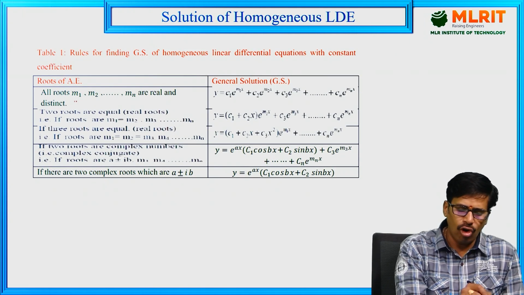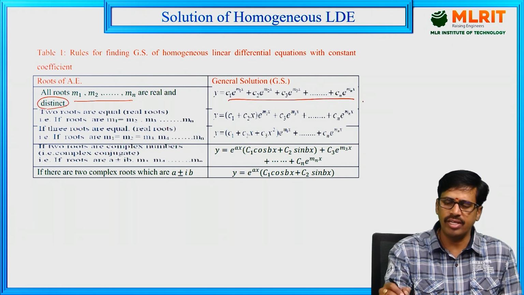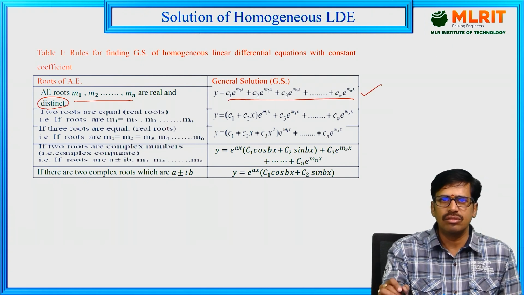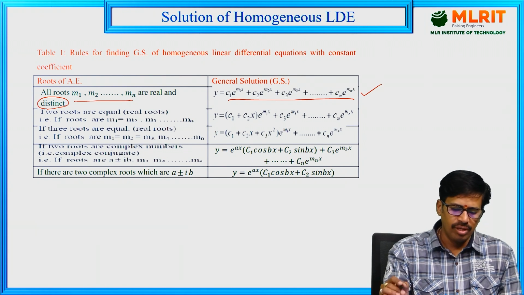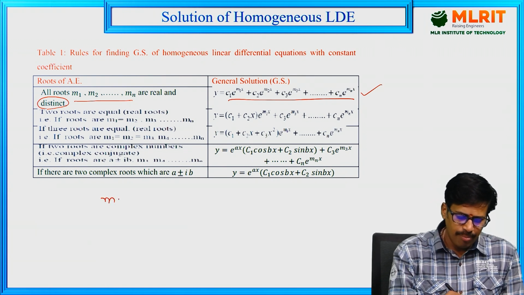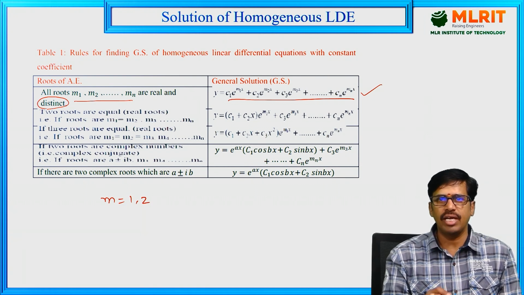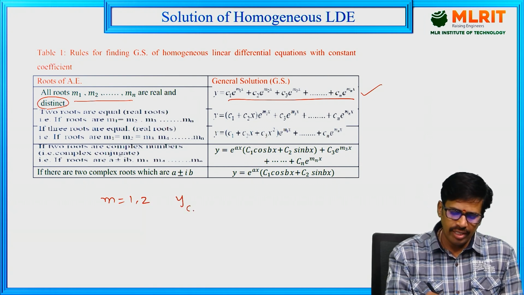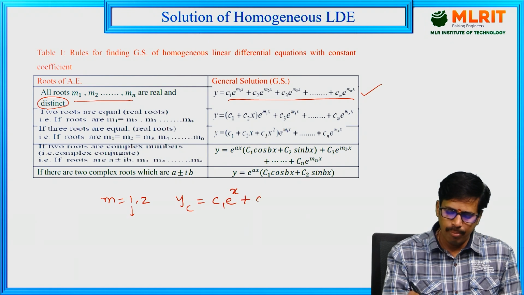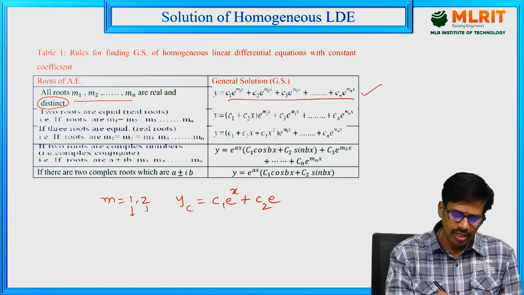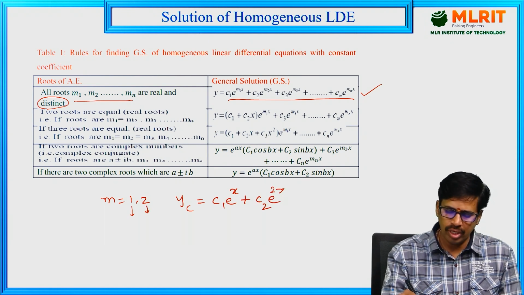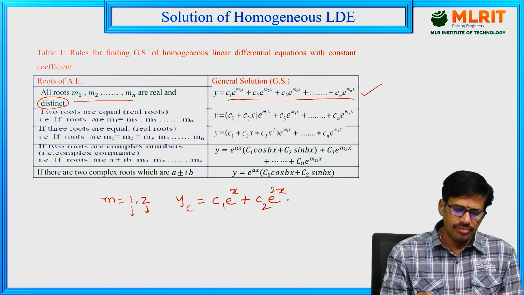Case 1: if all the roots are real and distinct, then this is how we write the solution. Suppose m = 1, 2, taking only 2 roots, both real and different. Then the complementary function is C1 e^(m1 x) plus C2 e^(m2 x), that is C1 e^(1x) plus C2 e^(2x).